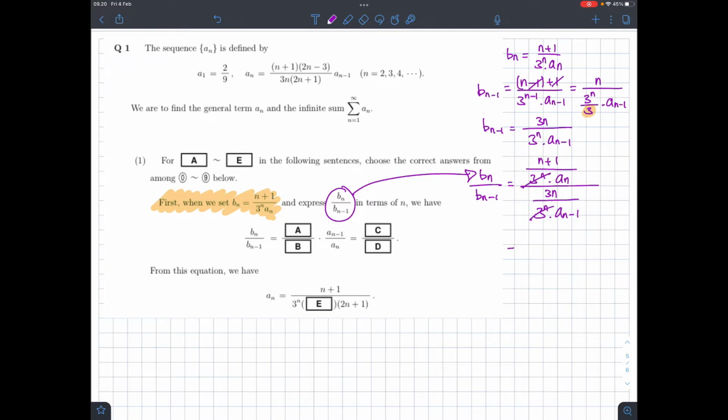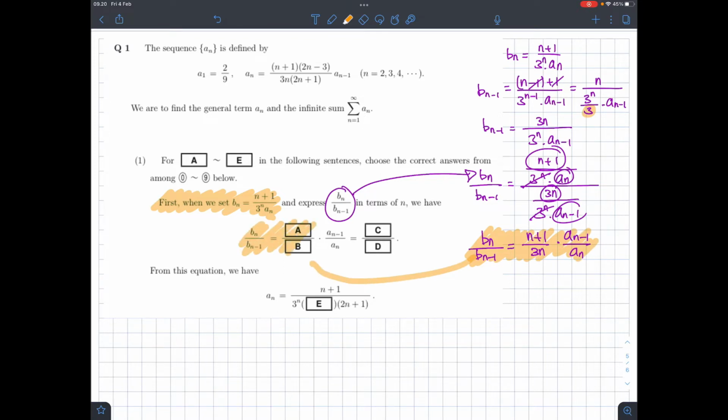So we get n plus 1 divided by 3n times this part divided by this. Until here, you can see that this part is exactly the same as this one.